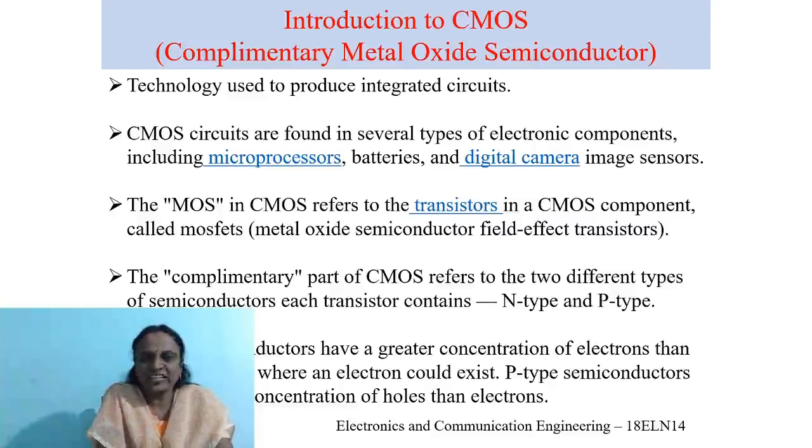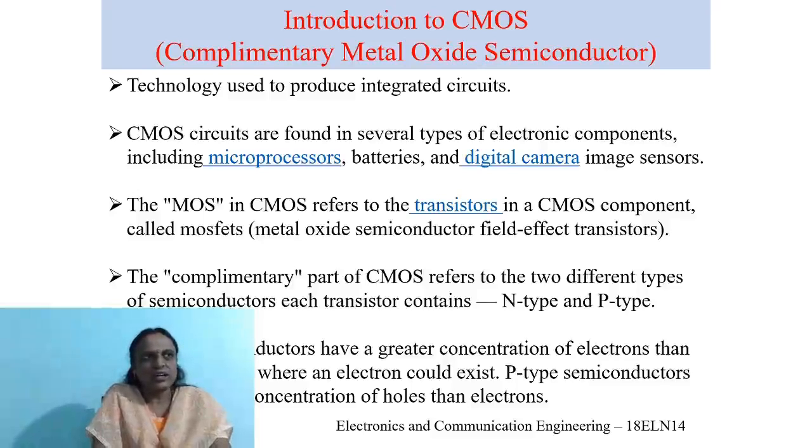So, when enough voltage is applied between the gate and the body, the electrons can flow between the source and the drain terminals. The complementary part of the CMOS refers to the two types of semiconductors each transistor contains, that is N-type and P-type semiconductors.